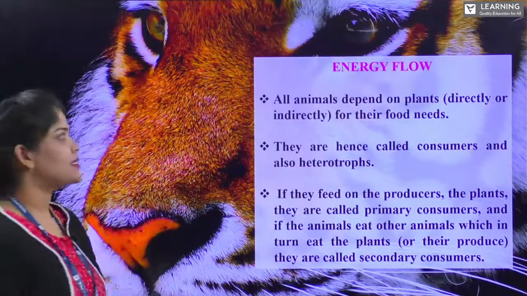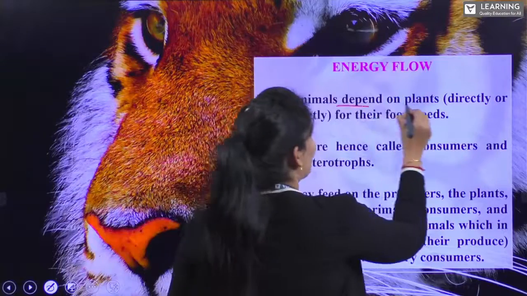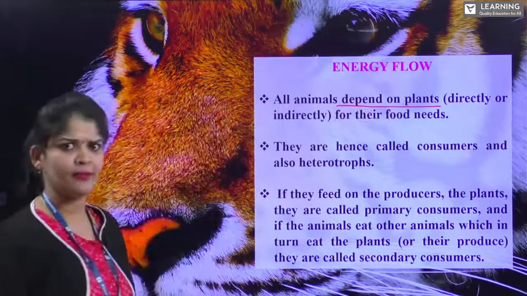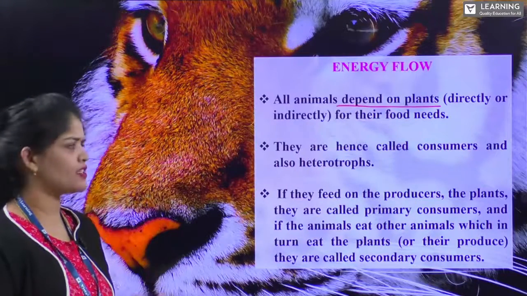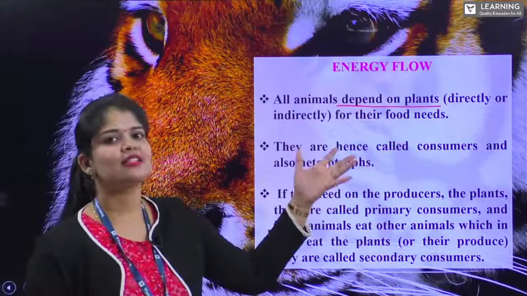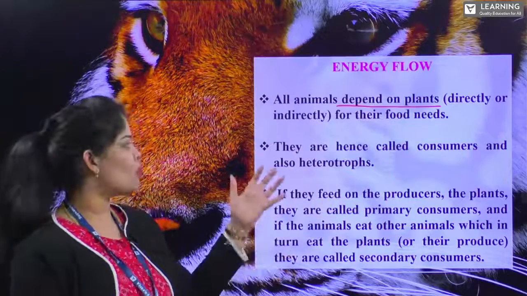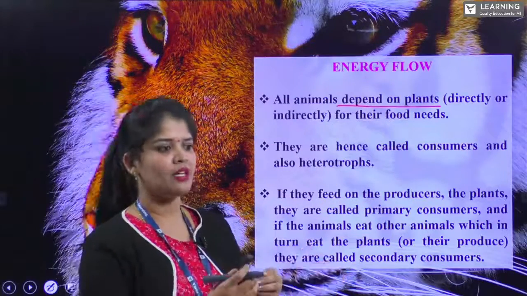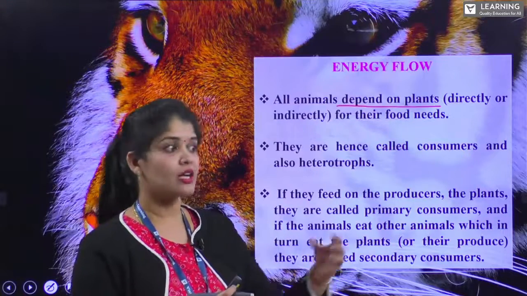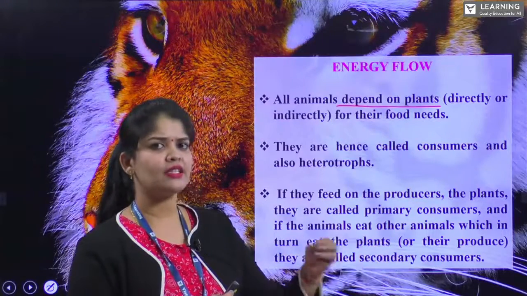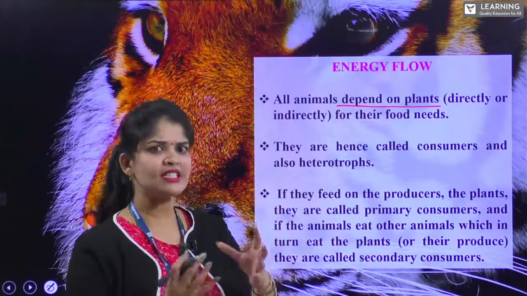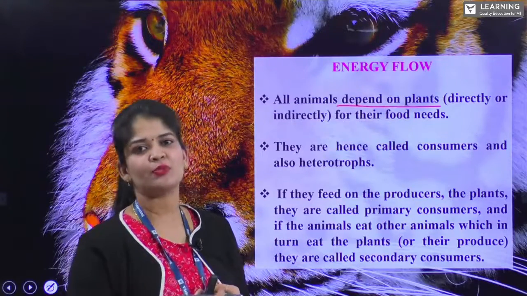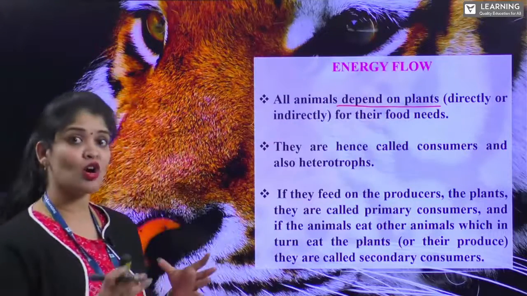Now, all animals depend on the plants directly or indirectly for their food needs. That is obvious. They are hence called consumers. No matter what they are, herbivores or carnivores, all can be named consumers because they consume the energy present in the plant system directly or indirectly.